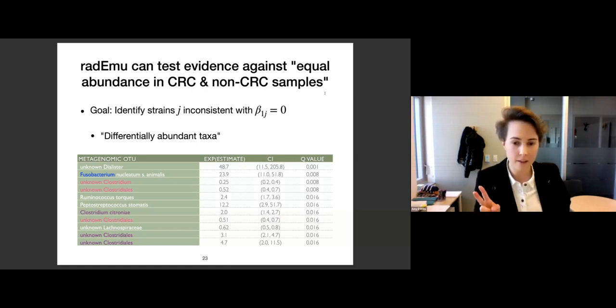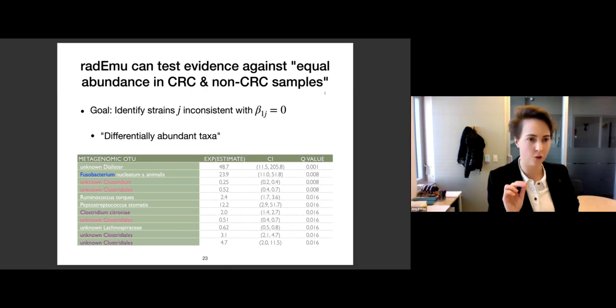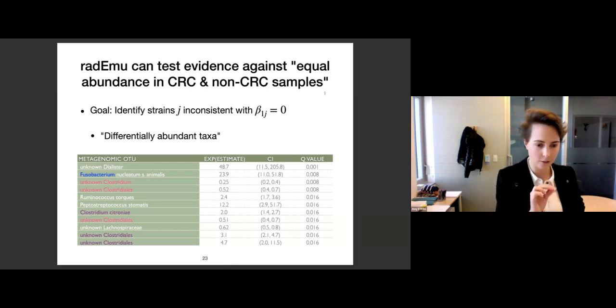Another thing that's really interesting, to me at least, is a consistency of estimated effect sizes across different strains of the same genus.